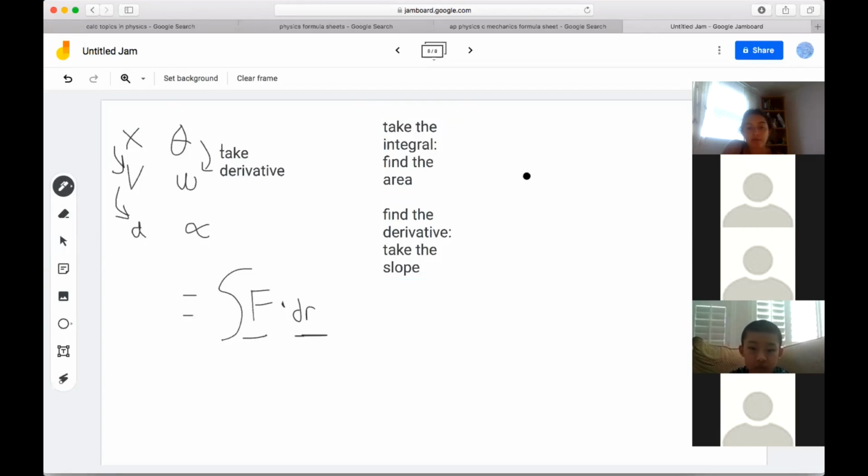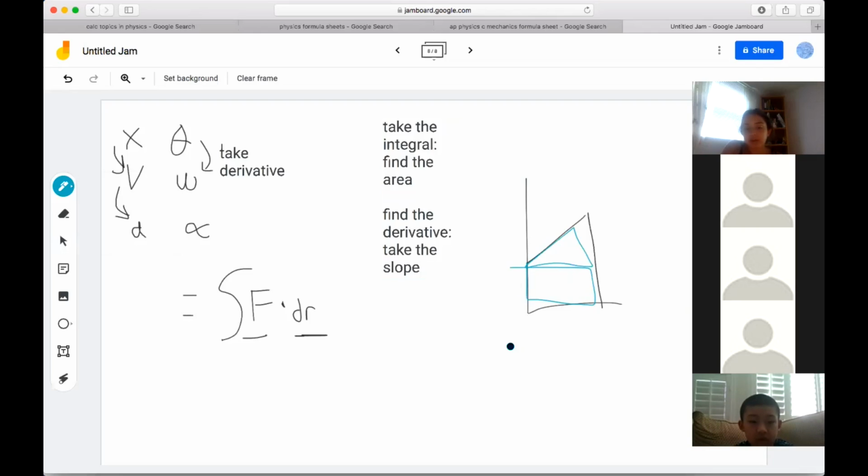So let's say we have something like this. We have one rectangle here. I'm just drawing this, but it's not part of the graph. So we have one rectangle here and a triangle here. You take the area of the triangle, base times height times 1/2, and the area of the rectangle, base times height, add the two together, and that's your area.